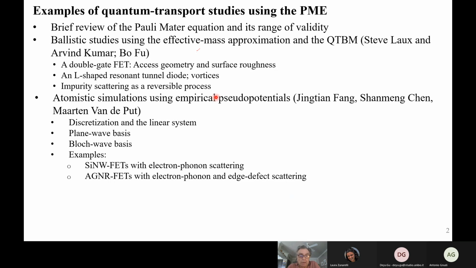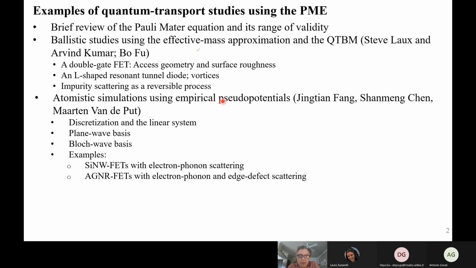Structures are extremely small. You cannot use any approximations for the band structure, scattering rates, and so on that you obtain for bulk materials. Actually, in many cases, you don't even know where the atoms are because of relaxation effects that you have when you pattern structures in thin layers, in nanoribbons, in quantum wires.